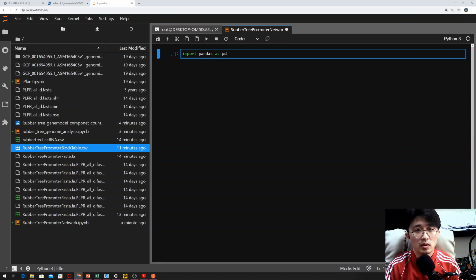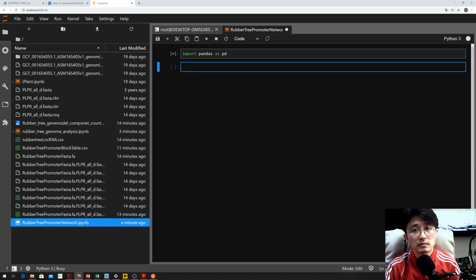So import pandas and data frame that is laboratory promoter block table, right? So read CSV and laboratory.